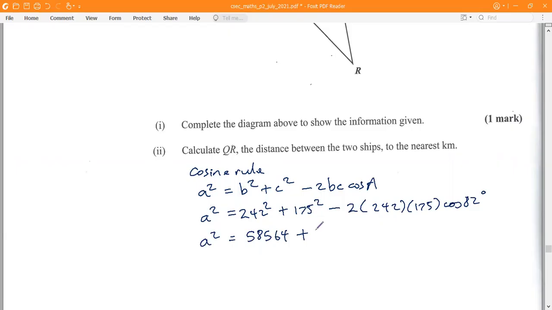We're going to square this, we have 30625. All right, and we multiply 2 by 242, multiplied by 175. We have 84700 cosine 82 degrees.